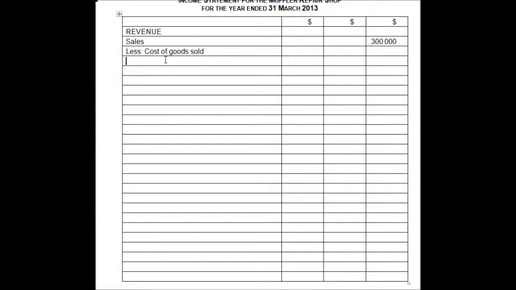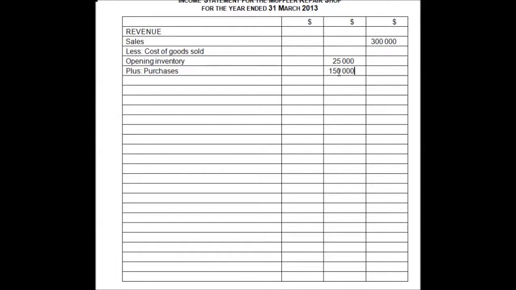Now I need to be putting in my cost of goods sold. I'm going to start with opening inventory, which if you look up the top should be 25,000. Then I'm going to go plus purchases, and I'm going to put in 150,000 for that.